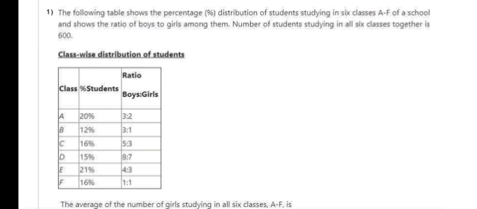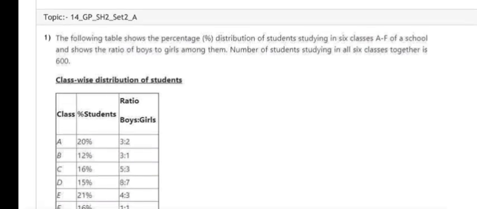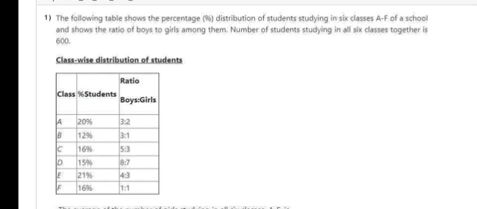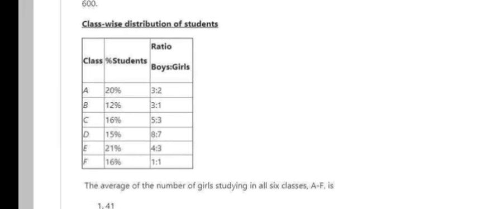The first question that we have got is related to data interpretation. It says the following table shows the percentage distribution of students studying in 6 classes A to F of a school and shows the ratio of boys to girls among them. Number of students studying in all 6 classes together is 600. So this is the chart.